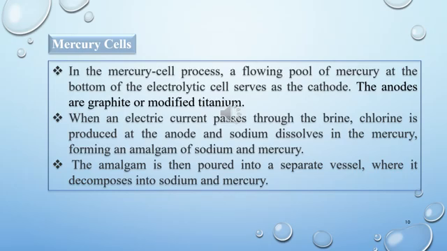And third point is that amalgam is poured into vessels and allowed to decompose. As it will be decomposed, it will be converted into sodium and mercury. How that sodium is converted into sodium hydroxide we will discuss in next slide.